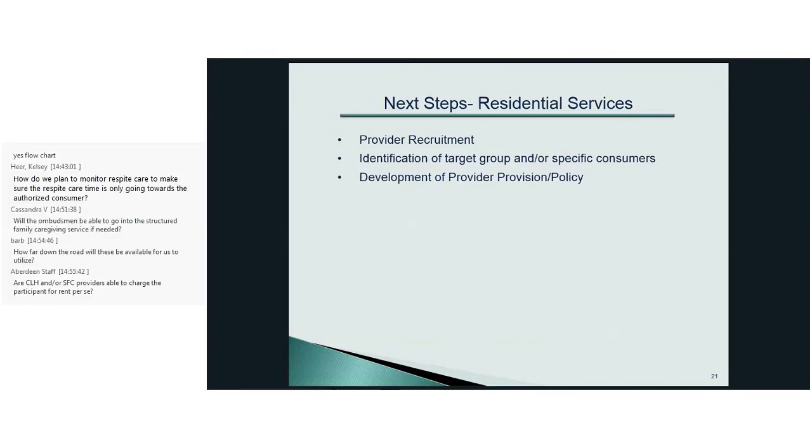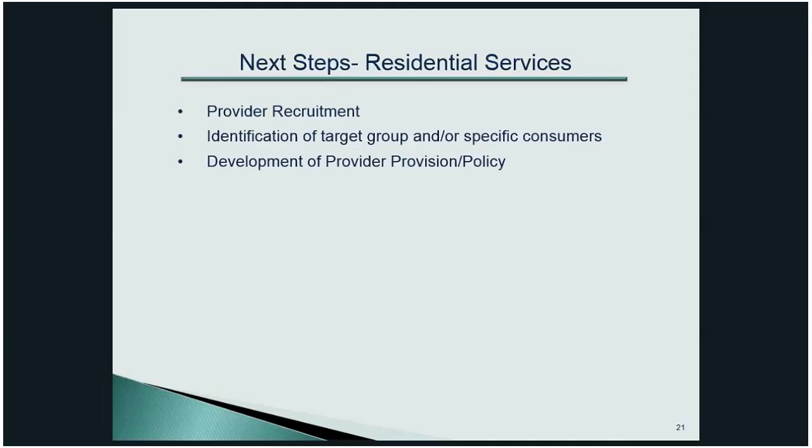As far as the structured family caregiving, we're really still working on provider recruitment, and we also have some issues with when a provider can bill. We've been working with BIT and Medicaid for quite some time. We were hoping to have these available at the onset of the implementation date, but unfortunately that didn't happen. And so we're kind of shooting for, I would say, October 1st.